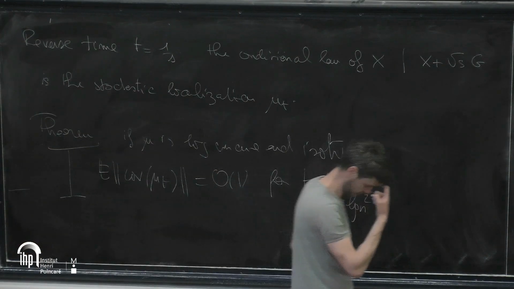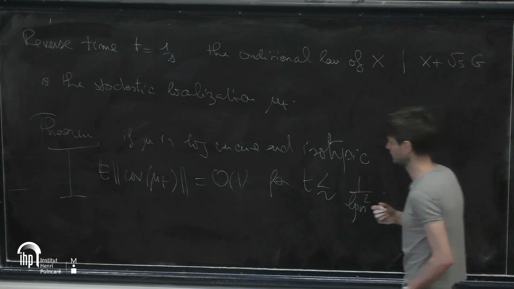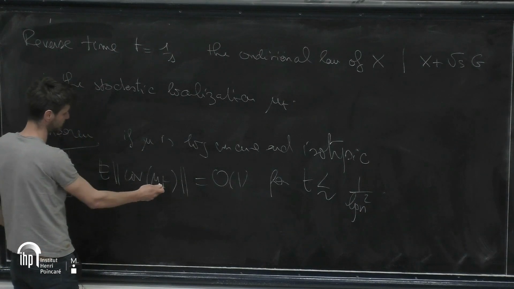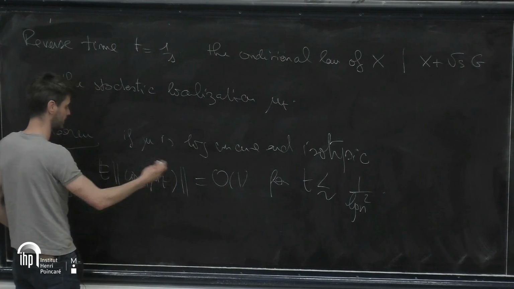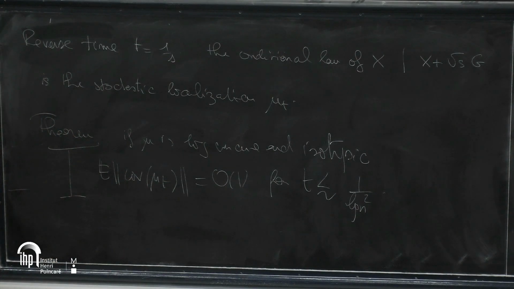The advantage of reversing time is that we can use some formula for the derivative of mu t along time and for the derivative of its covariance, and this is what we will do. Is this first theorem for any g? No, g is fixed.